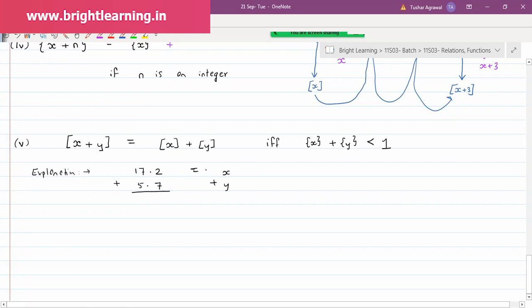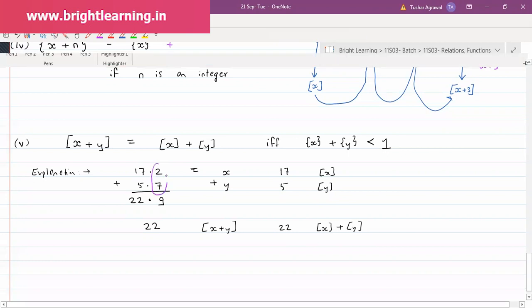If I do the step function of x plus y, I get 22. Yes, this equals 17, which is my step x, and this is 5, which is my step y. And I get 17 plus 5 is 22, which is step x plus step y. So what's the problem? Here there was no problem because by adding the decimal parts, there was no carry forward.